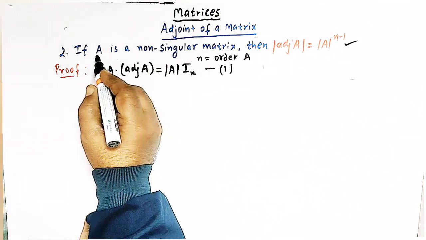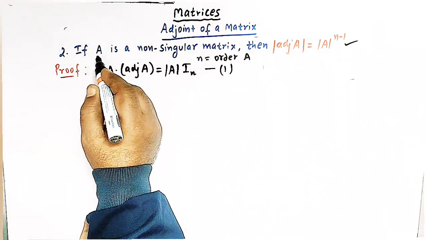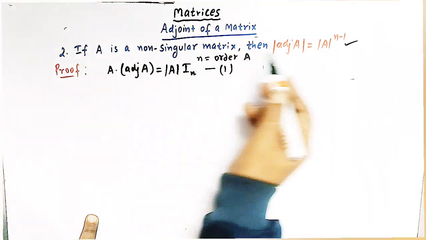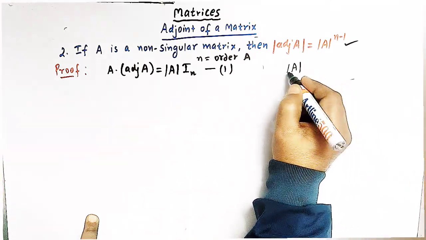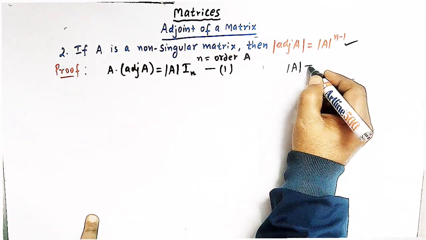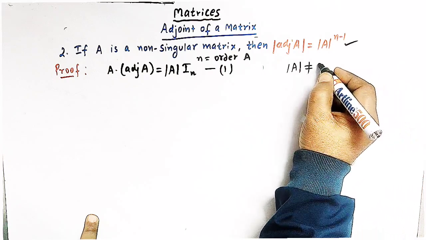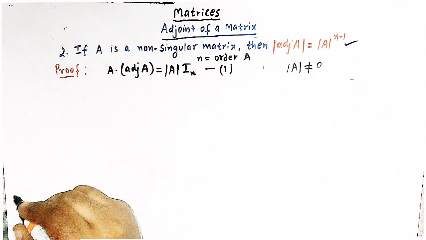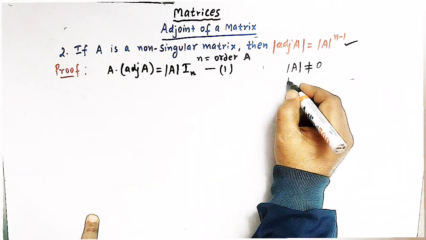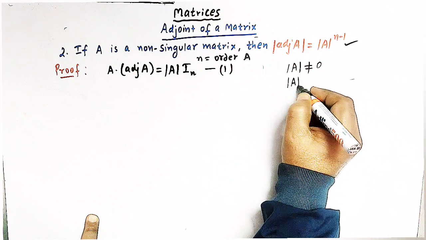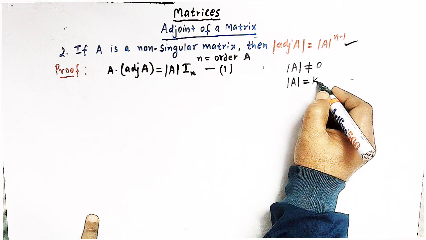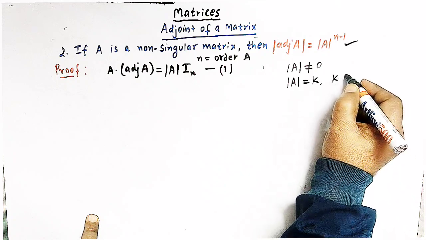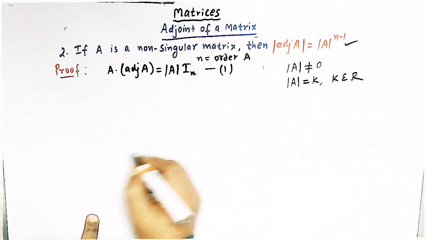Here we are given that this matrix A is a non-singular matrix, so it implies that the determinant of matrix A is non-zero, that is, it is not equal to 0. Moreover, let us take the determinant of matrix A equal to K, where K is some real number.